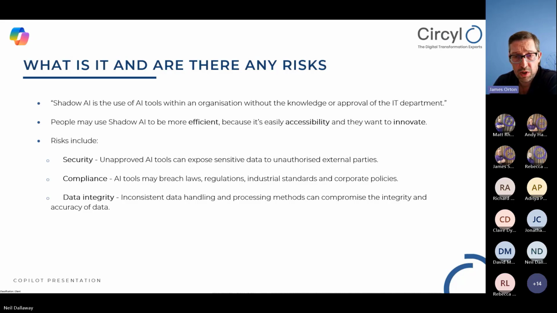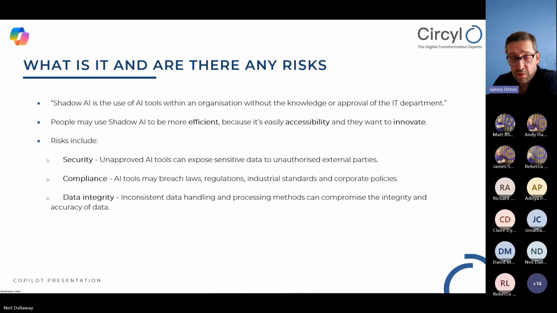Compliance as well. AI tools may breach law, regulation, industrial standards, or corporate policies. If we have sensitive information inside our environment, we have policies around that. It's audited so we can see it. We can run reports and see who's tried to access it in an unauthorized way. If I upload it to ChatGPT or another AI agent, do I have access to those controls anymore?